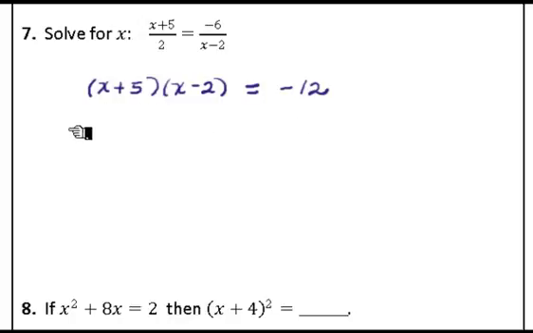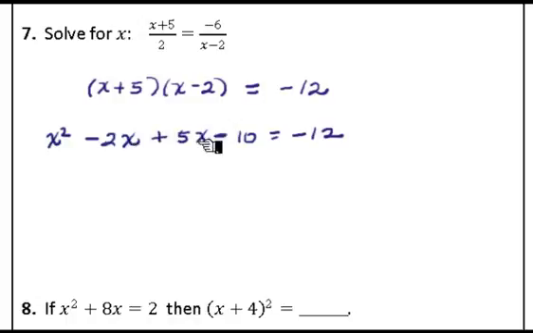Let's multiply through, and we have x squared, and then we have minus 2x for outer plus 5x for inner, and minus 10 for last. Minus 10 is equal to minus 12.